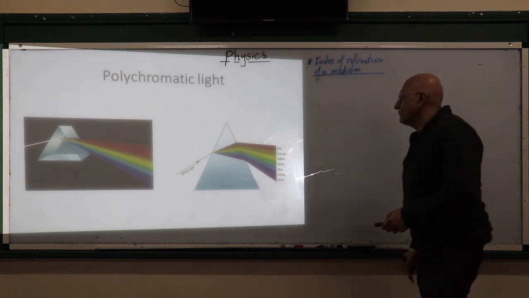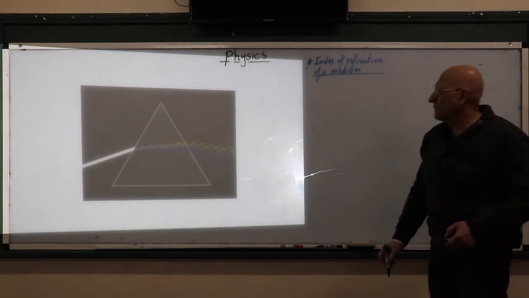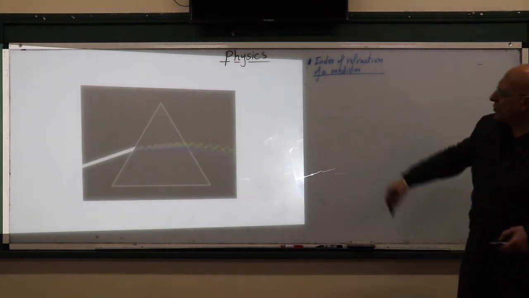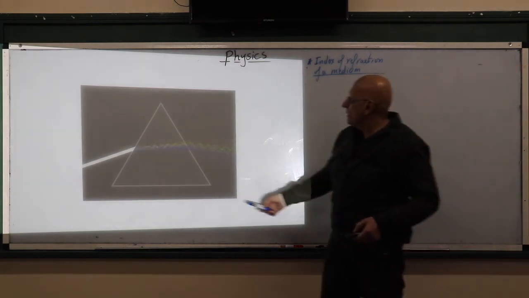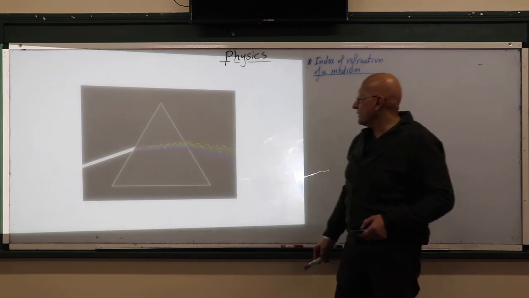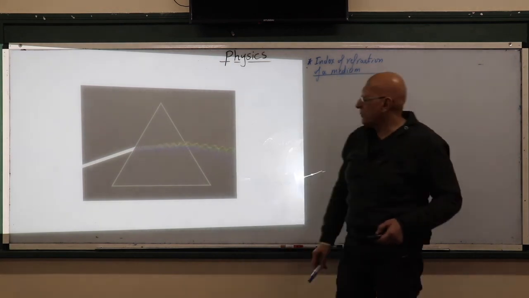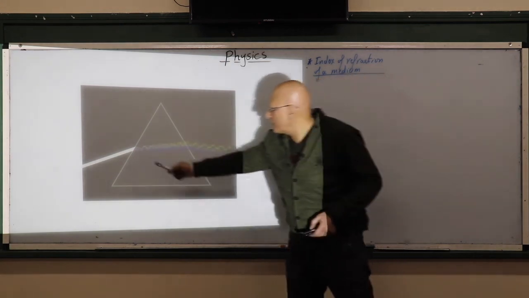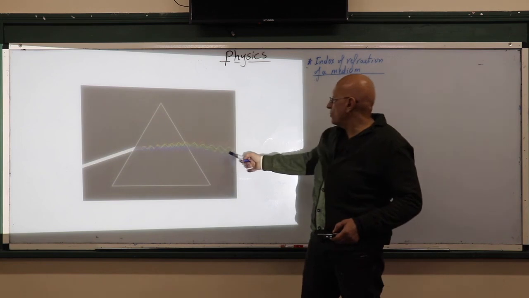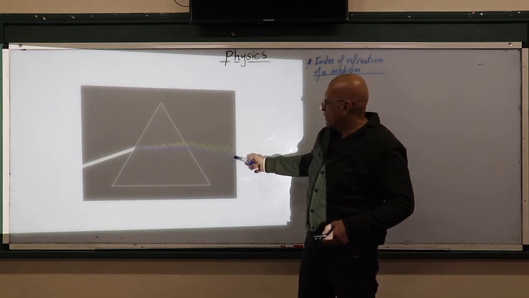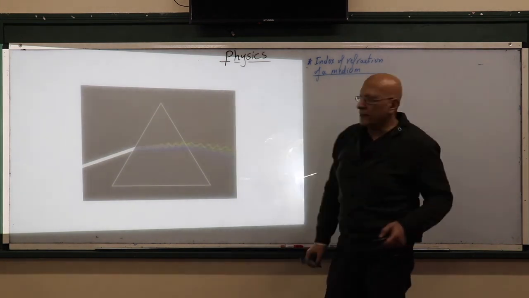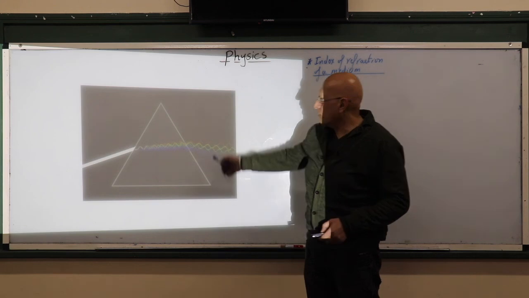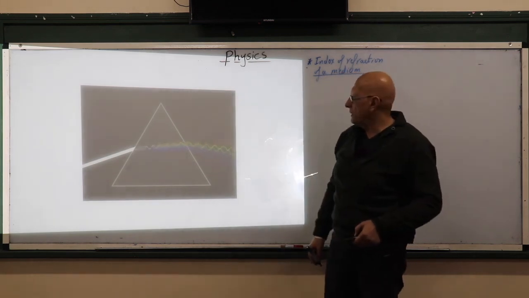Let's see. This figure also talks about the dispersion of light. This phenomenon is called dispersion of light, when the white light is divided into its components. This is an animated figure. Okay, we talked about this before.